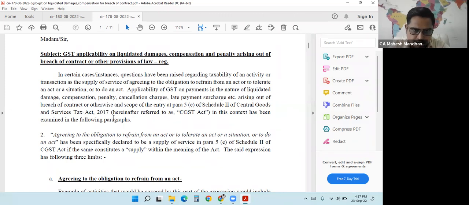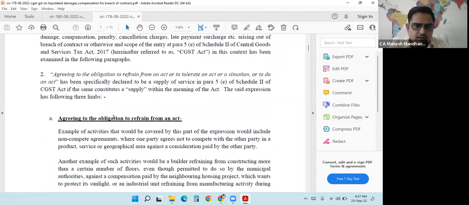Now coming to the circular, through this circular, CBIC has given examples of certain transactions which will be taxable under GST or may not be taxable under GST. Now, the first component is agreeing to the obligation to refrain from an act. The most famous example for this is a non-compete agreement. For example, there is a partner in a partnership firm which is manufacturing certain goods or engaged in certain services, and that partner has a long-term partnership, and now he is going to retire from the firm.